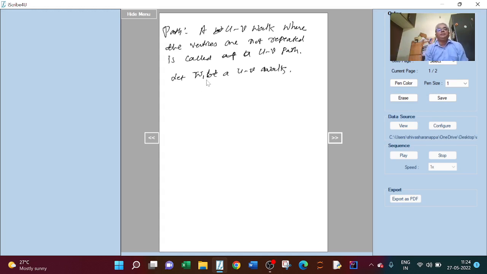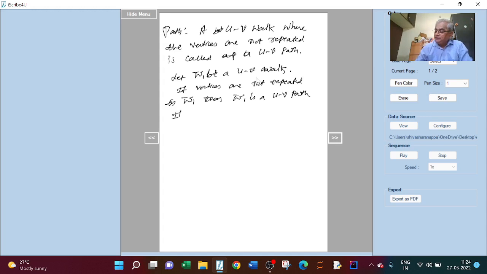I will show that this W1 gives a UV path. If vertices are not repeated in W1, then W1 is a UV path. This is the required path.